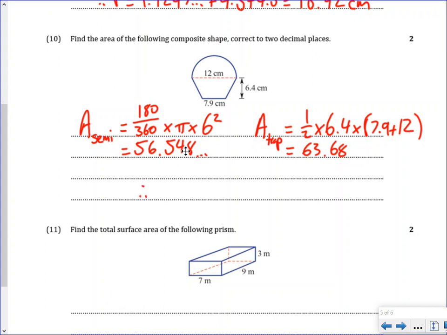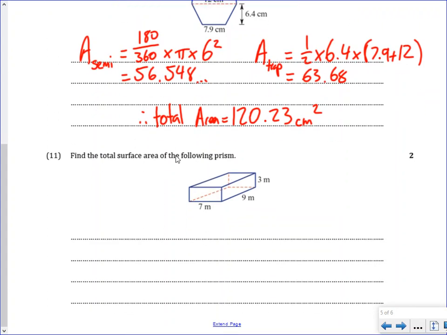So therefore, the total area, once we add them together, is going to be, and this is again where we can round now, 120.23 centimeters squared. Again, we're talking about area, so it's centimeters squared, and now I'm at the end of the question, so this is when I can round.